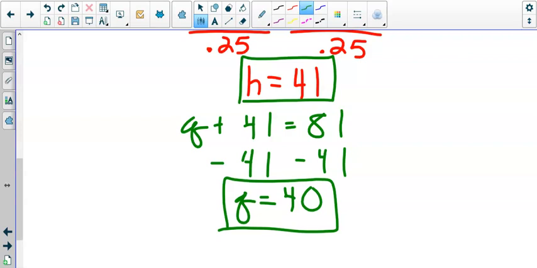You could have done substitution on this one and gotten the same answer. You could have gone into your calculator and graphed it, although you'd have to manipulate your calculator a little bit more than usual to get to the answer. But there it is. When you do this problem on your test, it should come out nice and neat like these.